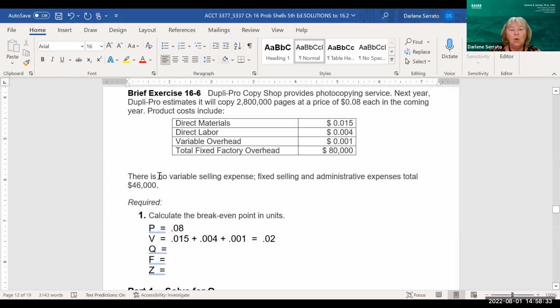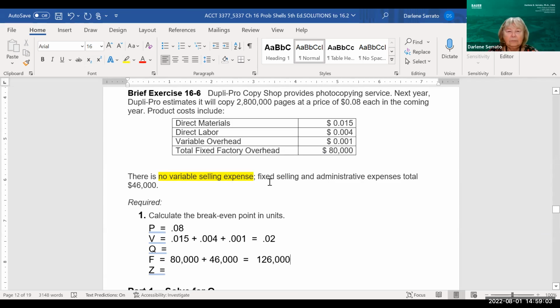There is no variable selling. Okay. Fixed selling are 46,000. So total fixed cost is 80,000 plus the 46,000. That is equal to 126,000.